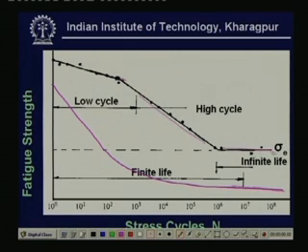Here also the infinite life cycle, where the endurance limit becomes a flat line, is not exactly true, but however, we consider such a line which gives you the critical zone, meaning that beyond this line, if we consider the stresses, then the machine member can withstand an infinite life.